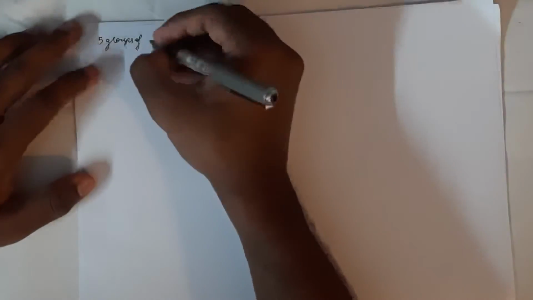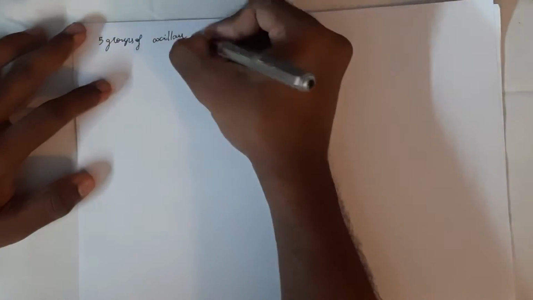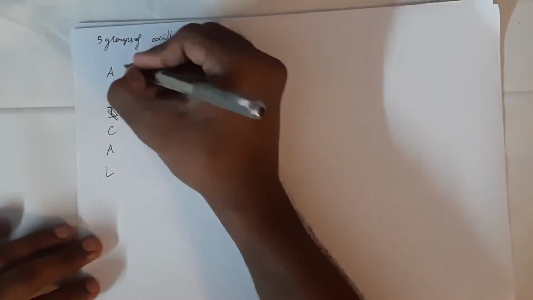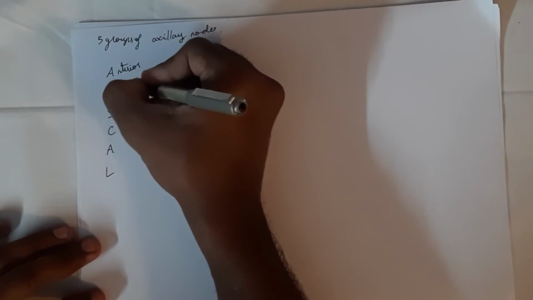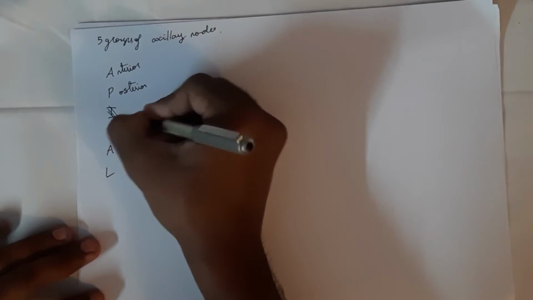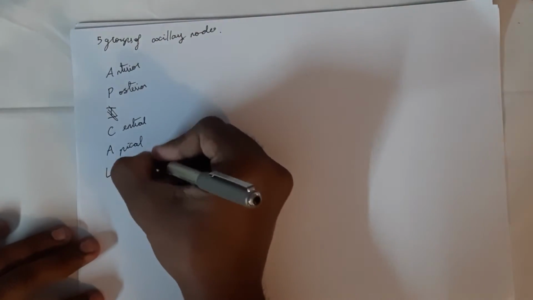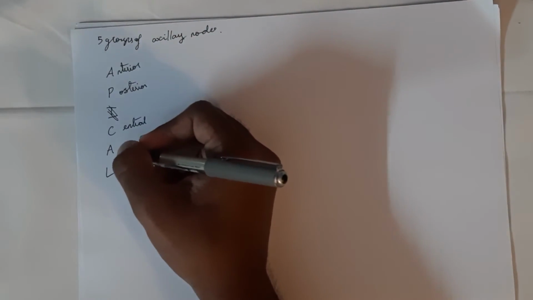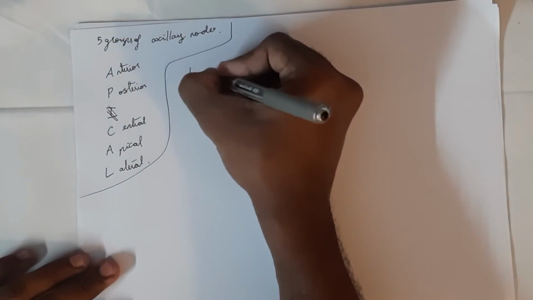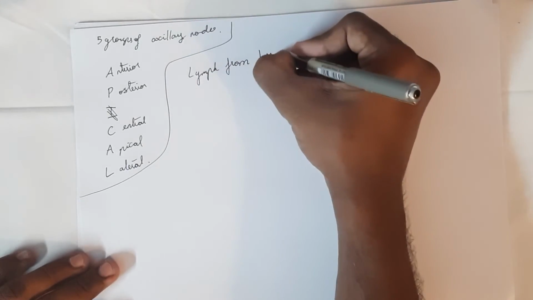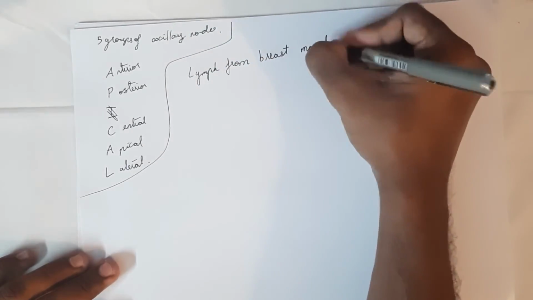And now moving on to the 5 groups of axillary nodes. There is a simple acronym: apical, and then you slash out the I. So it will be anterior, posterior, central, apical, and lateral nodes. Lymph from the breast mainly drains into the anterior lymph nodes of the axillary group.